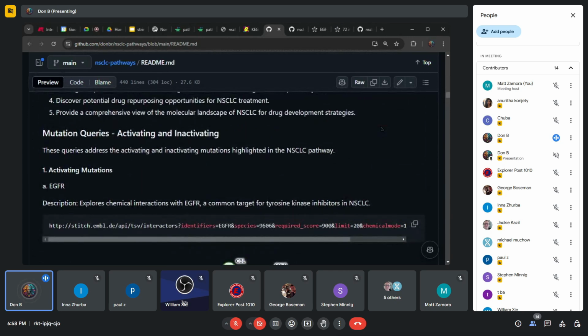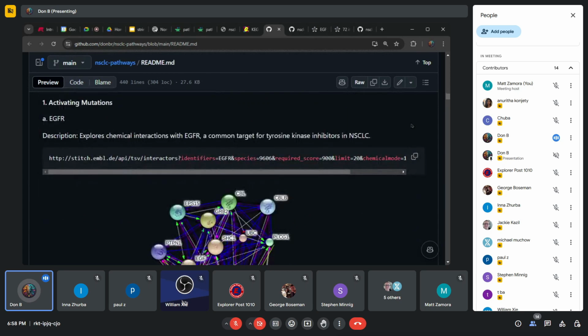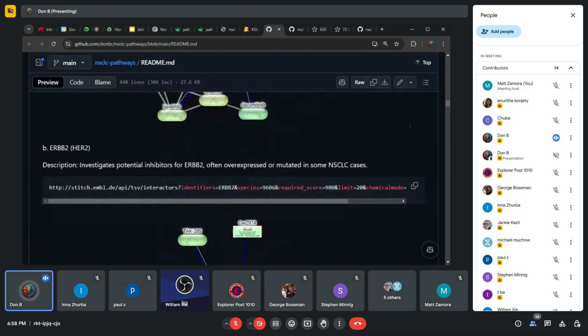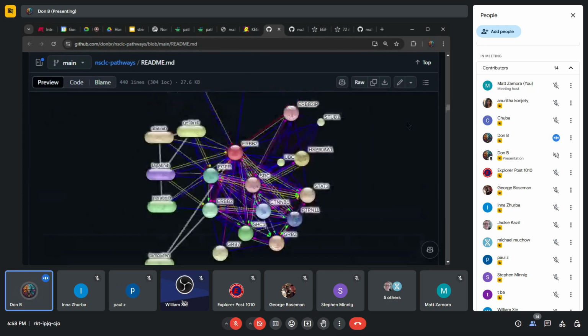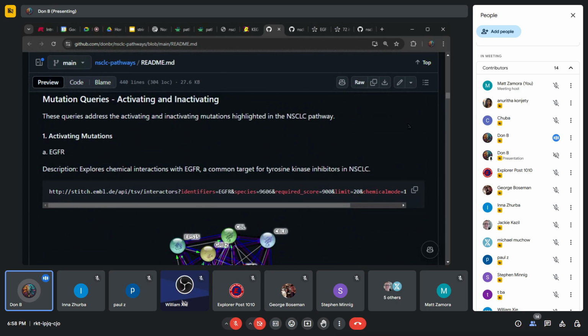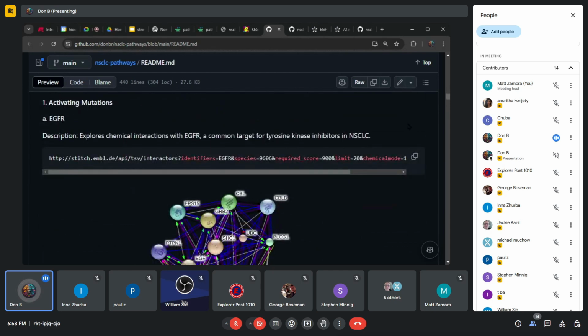So in terms of context, we'll look at one of the key activating mutations, and I guess we'll look at two. Because they're the most common, we'll look at EGFR and KRAS, because they get the most bad press when it comes to non-small cell lung cancer. And then we'll look at some of the key inactivating ones.